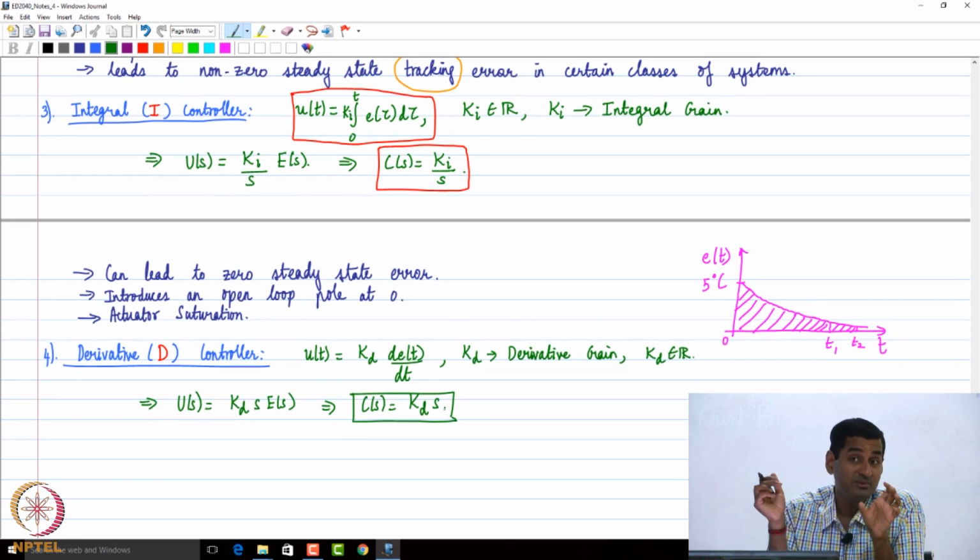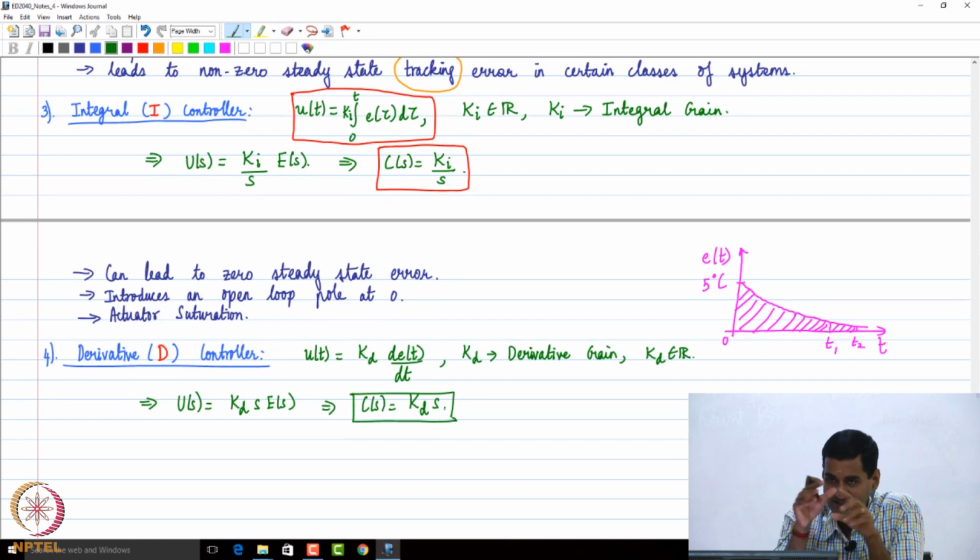If you look at the derivative controller as a block by itself, you see that this is not a proper transfer function. If you incorporate the derivative controller as a block, C of S, in your block diagram, and look at the controller transfer function as a standalone transfer function, you see that Kd S is not proper.